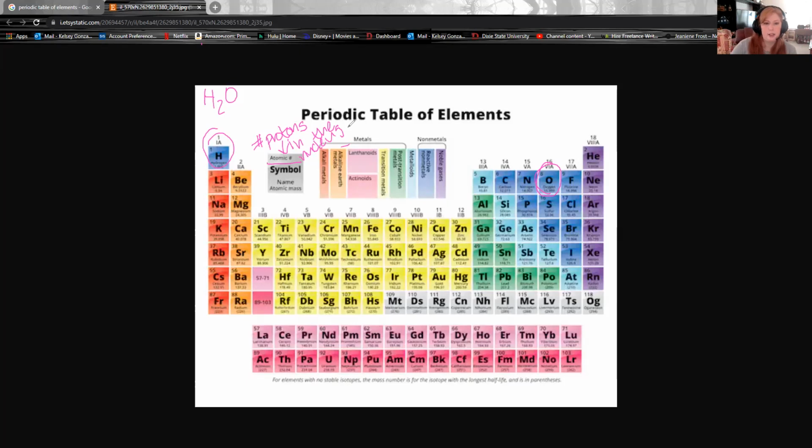So hydrogen, for example, has an atomic number of 1. That's what that is up there in that corner. I know it's a little blurry, but oxygen has an atomic number of 8. Okay. And carbon, which is right here, has an atomic number of 6. That means that all of the different carbon atoms on the Earth all have 6 protons across the board.